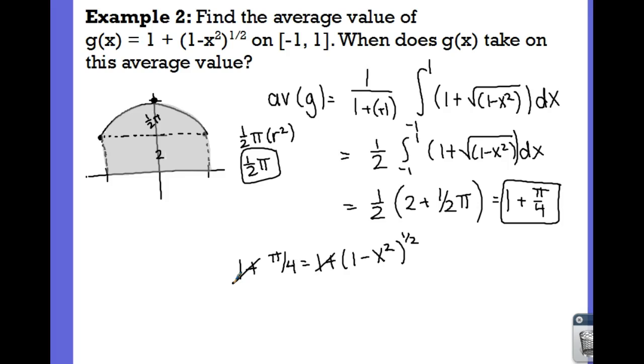So think about the fact that we now have 1 minus x squared to the 1/2 power. So this right here represents a circle. If you squared both sides, get rid of your square root.